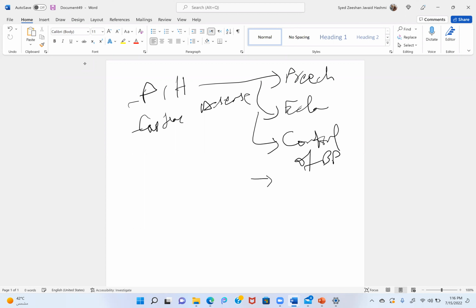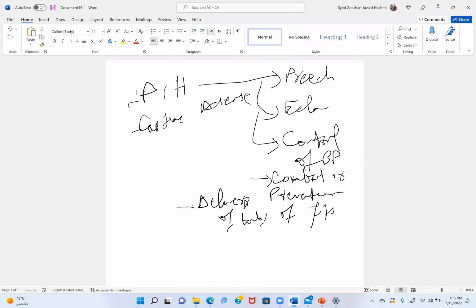The other is control or prevention of fits. And the third is delivery of the baby. Whatever question they ask you will be on these things.